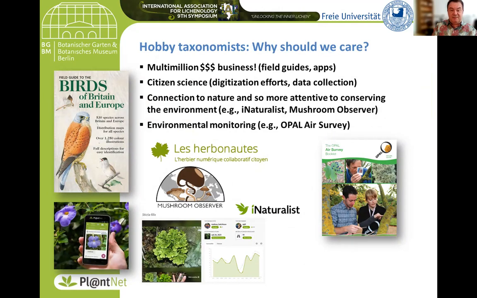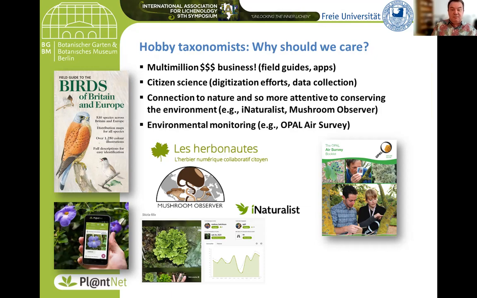We have citizen science, for example, as part of digitization efforts, the Herbonauts project, and for data collection. Especially, we can foster the connection to nature through taxonomy, so people will be more attentive to conserving the environment, for example, iNaturalist and Mushroom Observer.